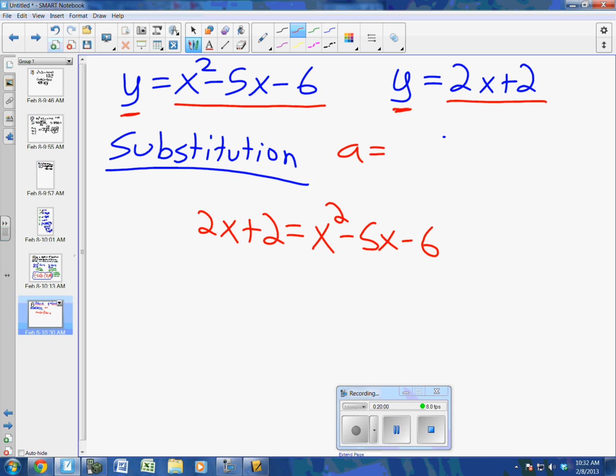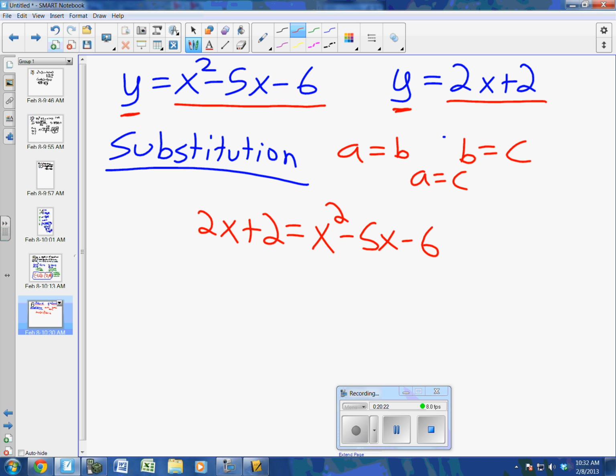If A equals B and B equals C, what else equals each other? A equals C. Do you understand that? And that's what we're saying. We substitute 2x plus 2 in for y because 2x plus 2 is equal to y in the first one.